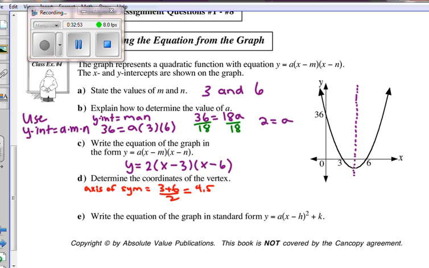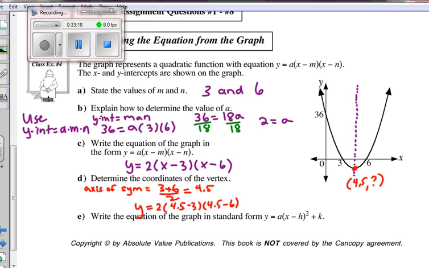And now we need the y value. So we're going to plug it into our equation to get the y value. So y equals 2 times, our x is what number? We know this is 4.5. So 4.5 minus 3 times 4.5 minus 6.